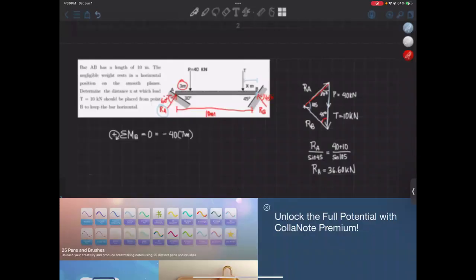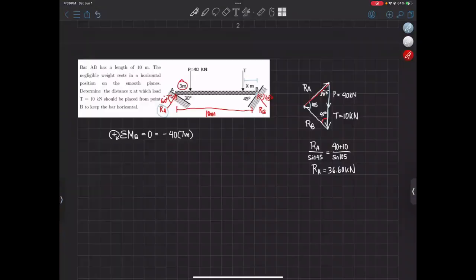Now, since we have RA, we can just get the y component of it because the x part is acting on the point B, so that's going to cancel out. It's not going to have any effect on our point. So to get the y component, we have to use sine.